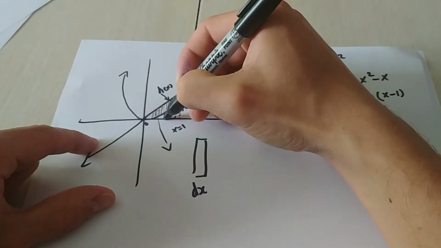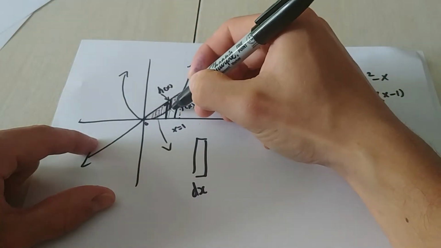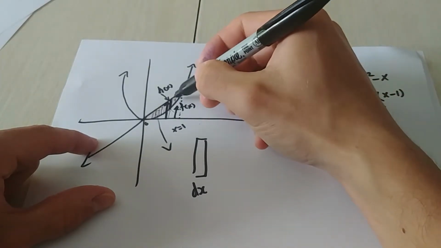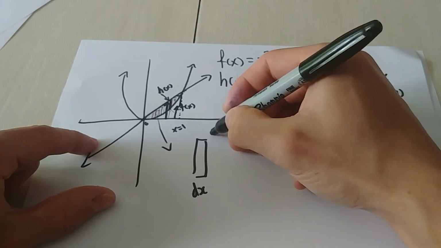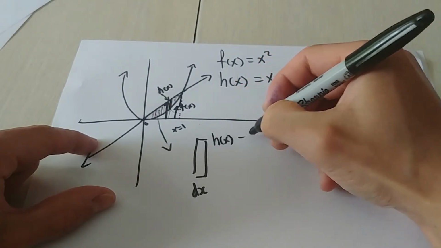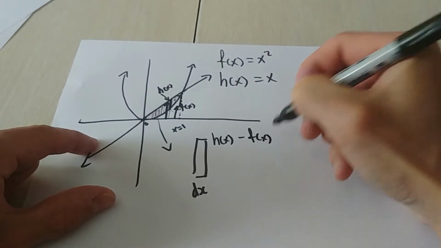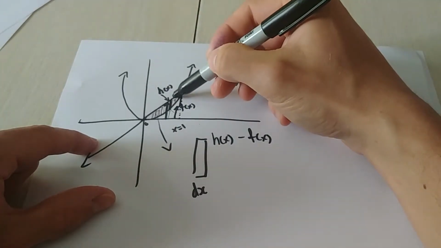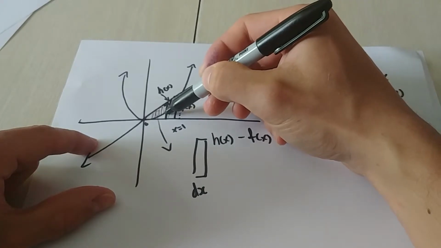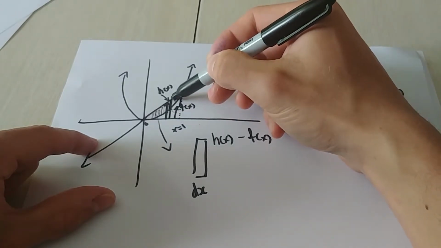So this is h of x up until that point. This is f of x. So the difference would give you this middle area. So the height of the rectangle would be h of x minus f of x, because in doing so you have h of x at the top minus this tiny portion down here, it gives you the middle guy.